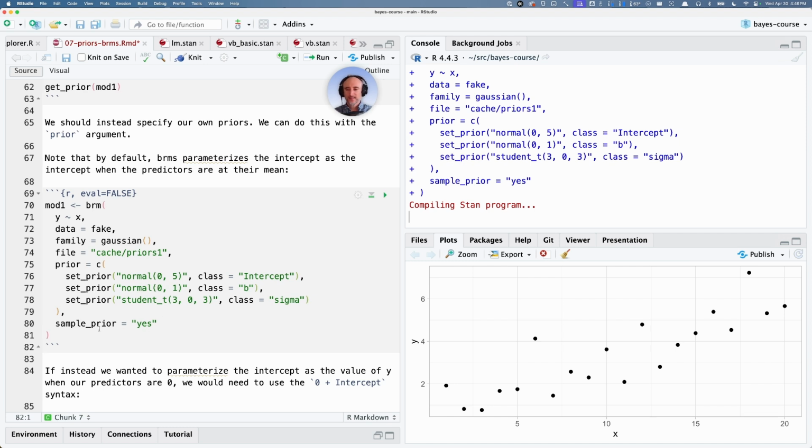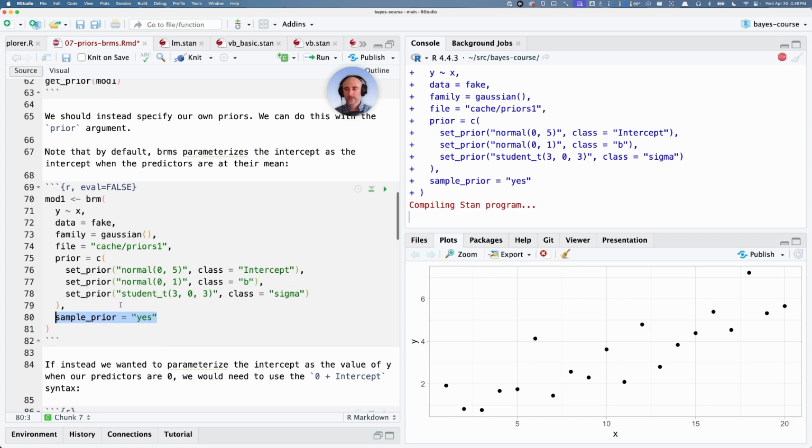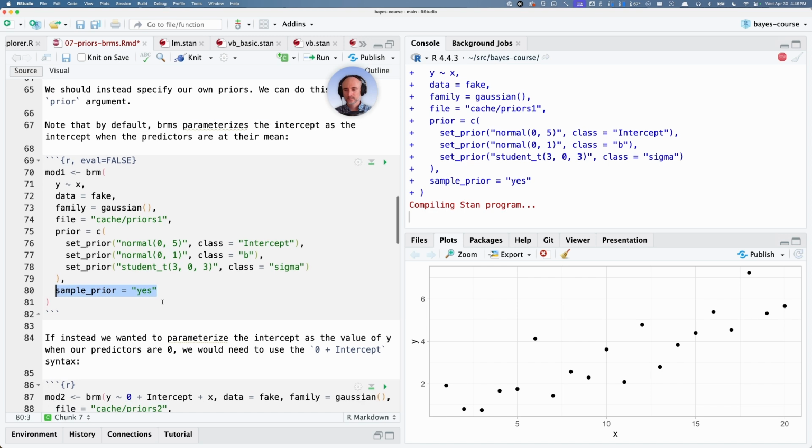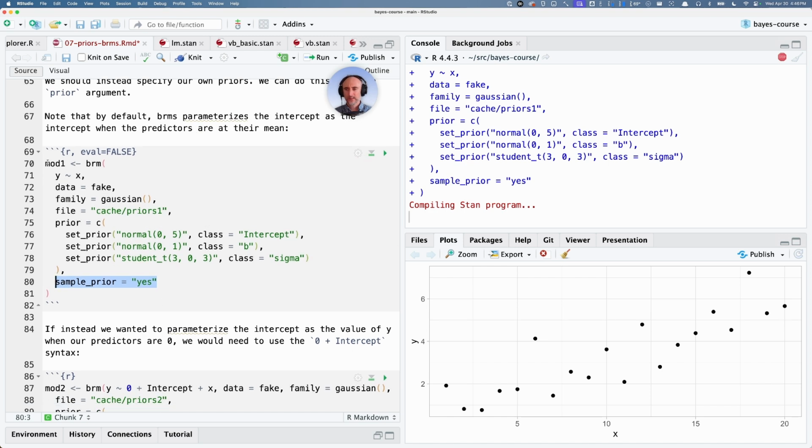We have turned on sample_prior equals yes, so that we will have samples from the prior that we can work with. We'll have to wait for a second for this to compile. So that's one way we can set it up.